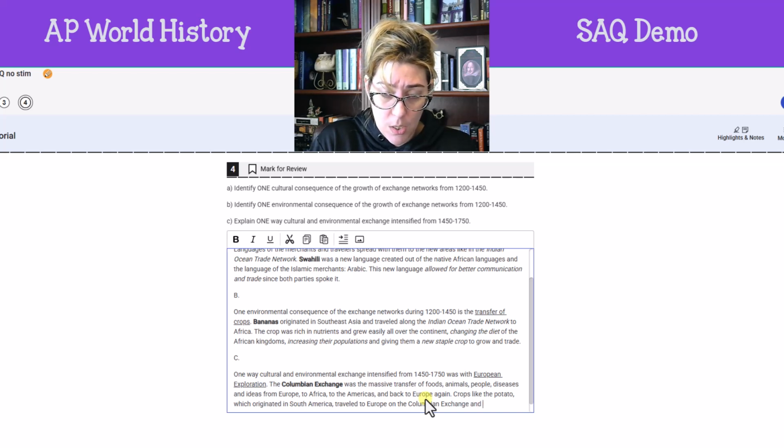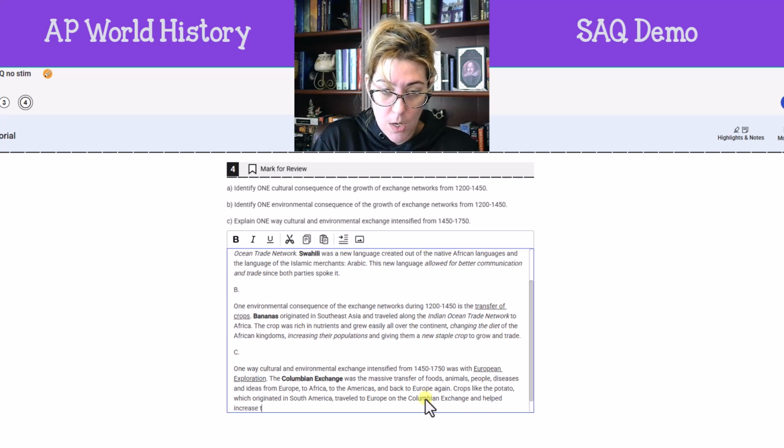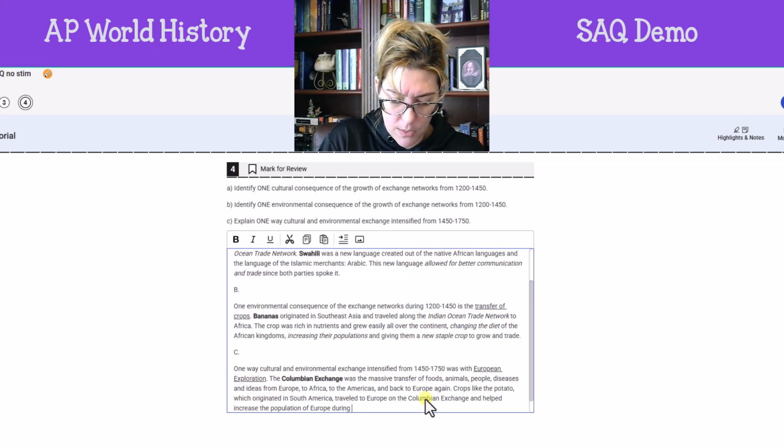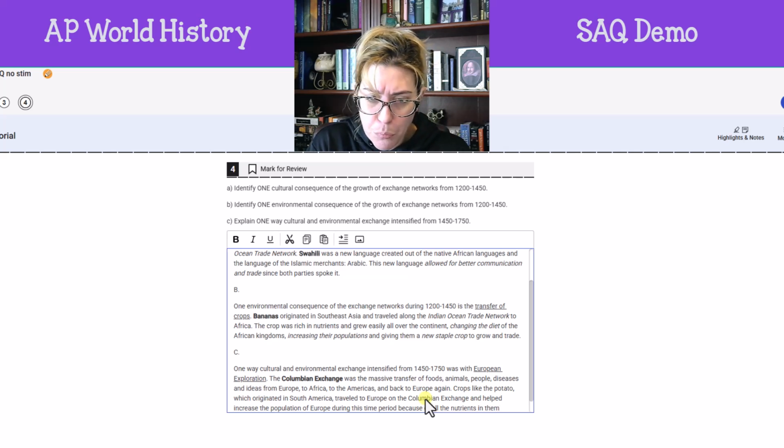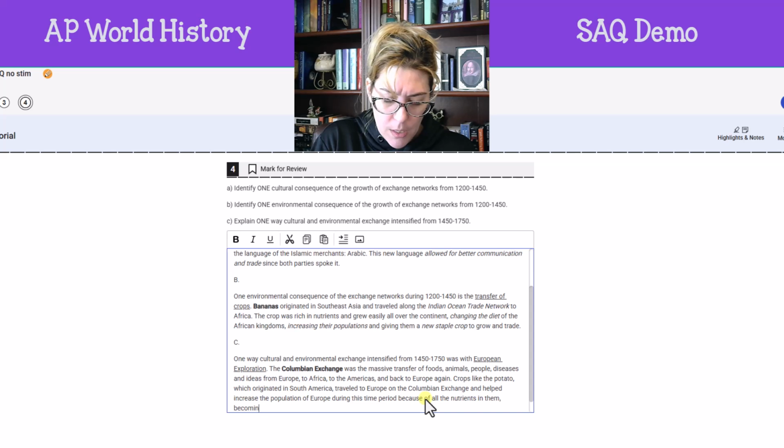And helped increase the population of Europe during this, that doesn't make any sense, during this time period because of all the nutrients in them becoming a staple.